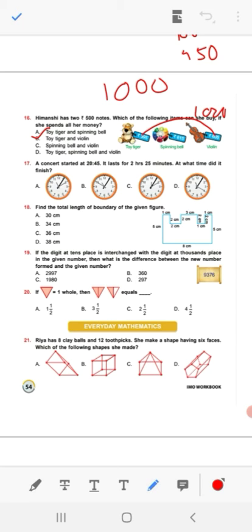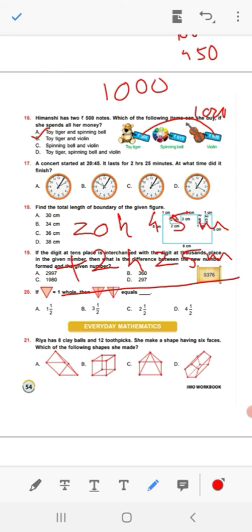17. See here. A concert started at 20:45. It lasts for 2 hours 25 minutes. At what time did it finish? So here the start time is 20 hours 45 minutes, and it lasts for 2 hours and 25 minutes. To find when it finishes, we have to add the times.